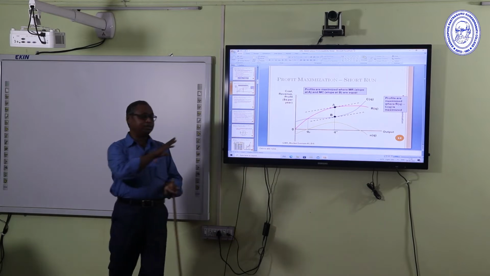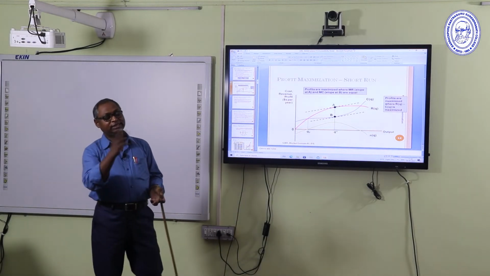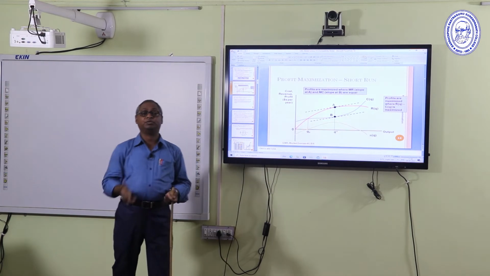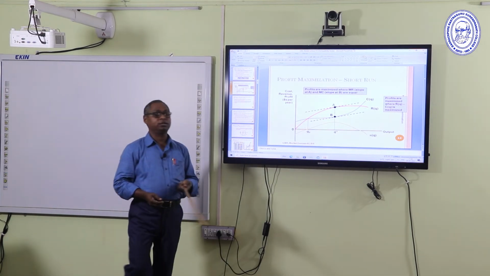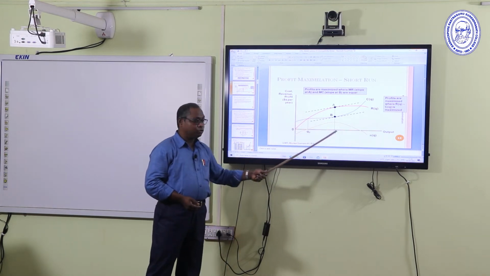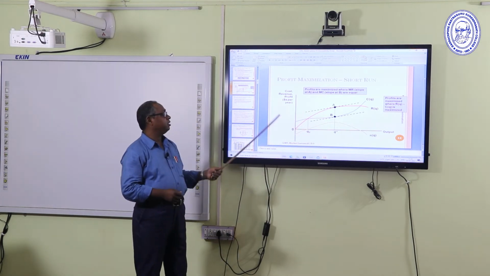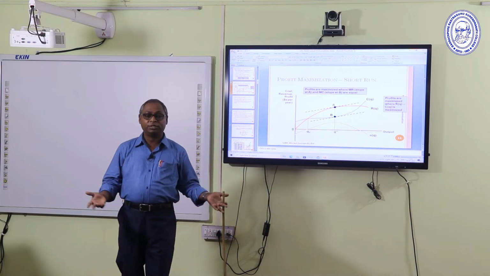And this analysis is done only on the basis of total revenue and total cost. This can be explained in terms of marginal revenue and marginal cost. The only problem here is that the amount of profit is determined, quantity is also determined, but the equilibrium price is not determined.